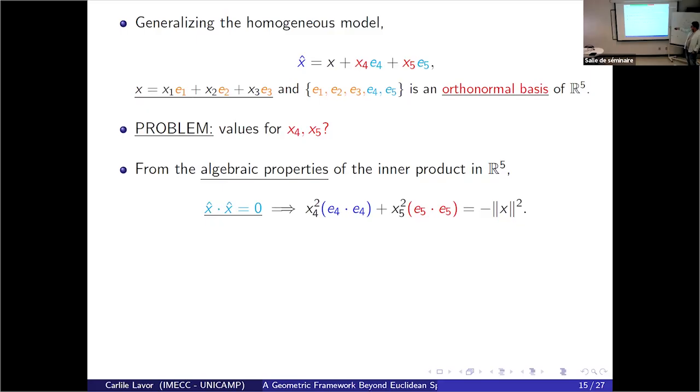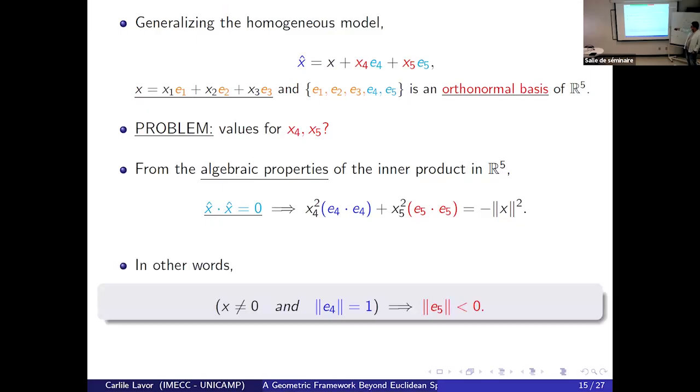If we consider that X is different from 0, as a consequence, this vector must have negative norm. You accept that we remove the positivity, so it's possible to have vectors with 0 norm and also negative, as a consequence, yeah? So in order to simplify, I will consider that the norm of E5 is equal to -1.